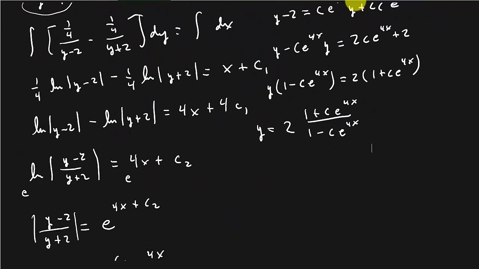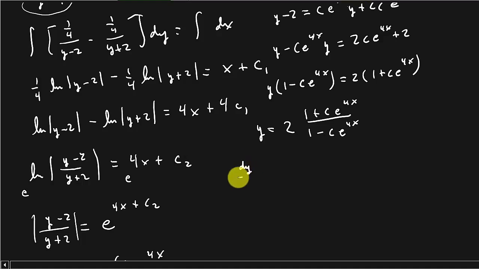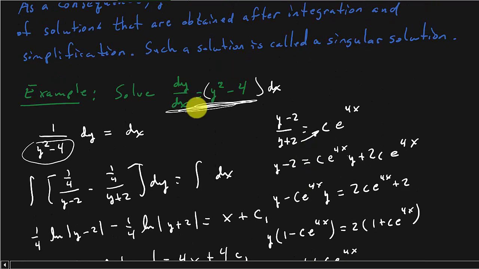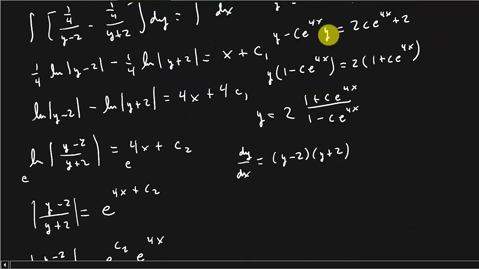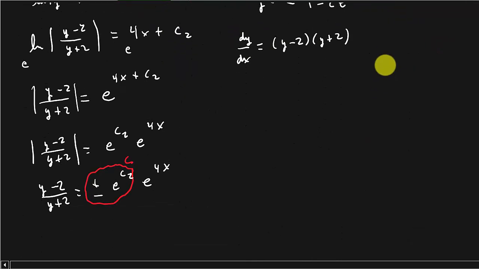Well, I have dy dx is equal to y minus 2 times y plus 2. See, all I did is I took this right here and I factored this part. Now we have y equals 2 and y equals negative 2. These are equilibrium solutions.